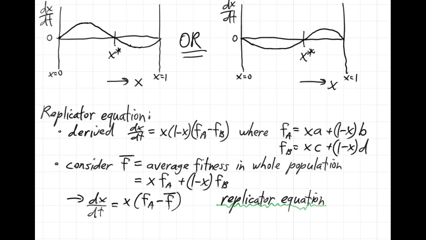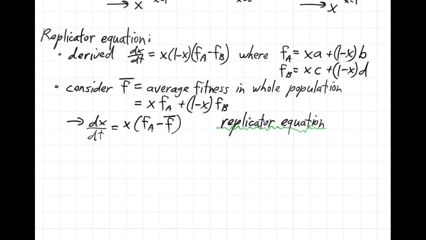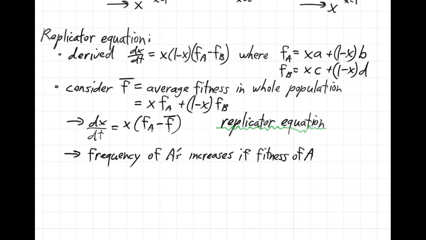But the general idea is that the rate of change of x is proportional to x times the average fitness of that one type relative to the average fitness of the whole population. So what it says is that the frequency of A's increases if the average fitness of A's is above average, meaning the average for the whole population.